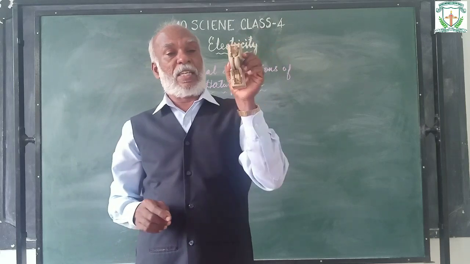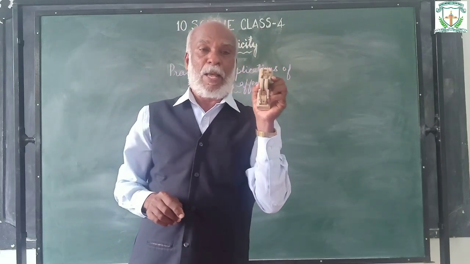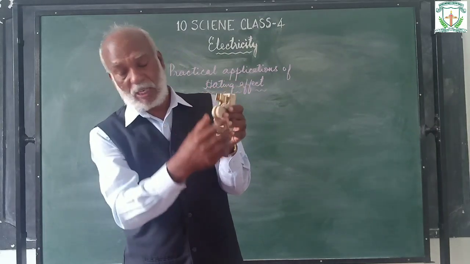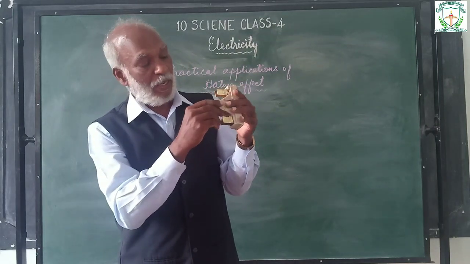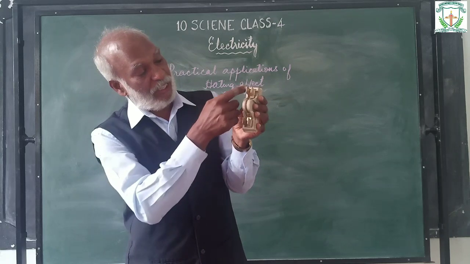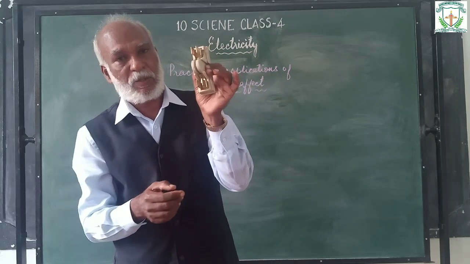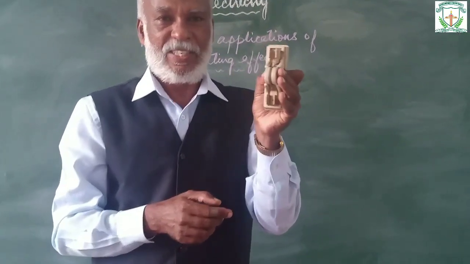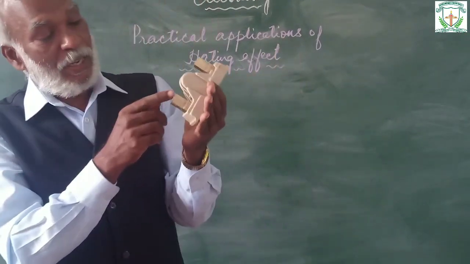If you remove this cutout, then there won't be any electricity supply. What is the use of this? So in this fuse cutout, you can see a wire is connected. So fuse is in series. The fuse cutout is used in series in the circuit.